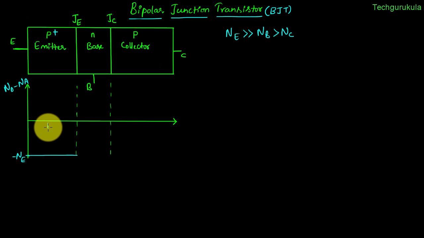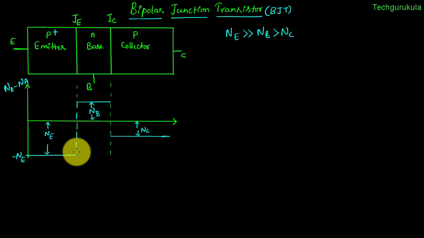So this quantity would be N suffix E. And on base side, it is N-type doped, so Nd will be a finite value and Na would be 0. So Nd minus Na would be positive. So I'm representing that here, where this value would be N suffix B. And on collector side, N suffix C magnitude would be less than N suffix B. So I'm taking it to be somewhere here, where this value is N suffix C. If you see here, the doping profile is changing abruptly at the junctions.